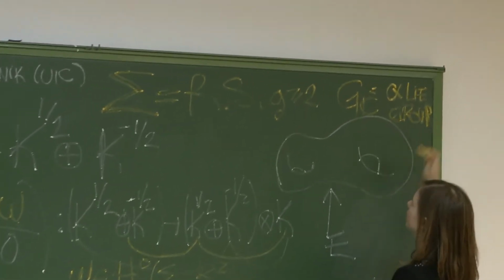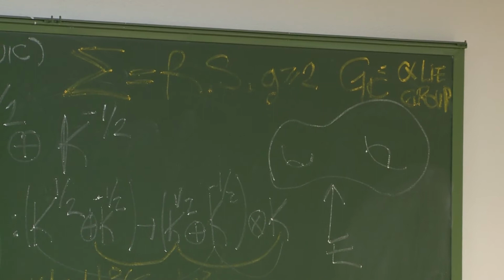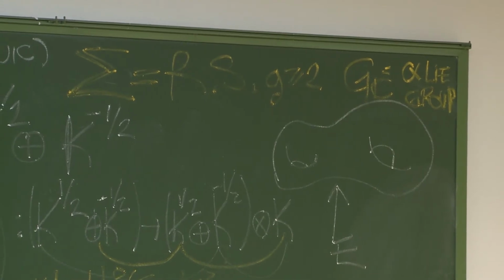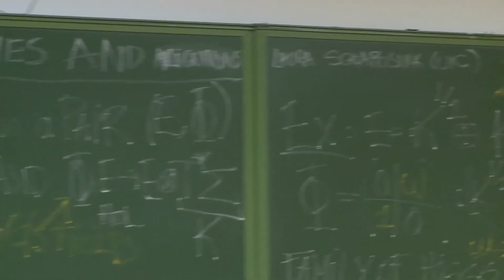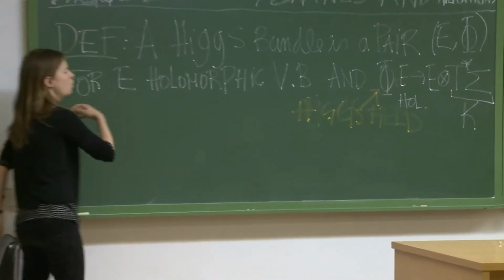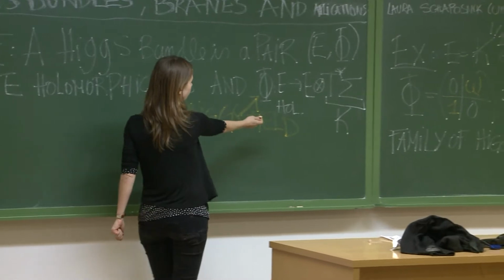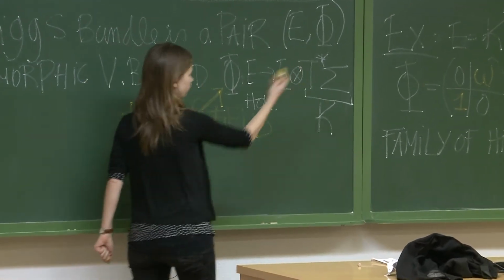So I'm keeping here in yellow all the things that we're fixing, our Riemann surface and our complex Lie group, and I can define Higgs bundles for that Lie group, and it's going to be just a classical bundle with some extra conditions for reflecting the nature of the group.